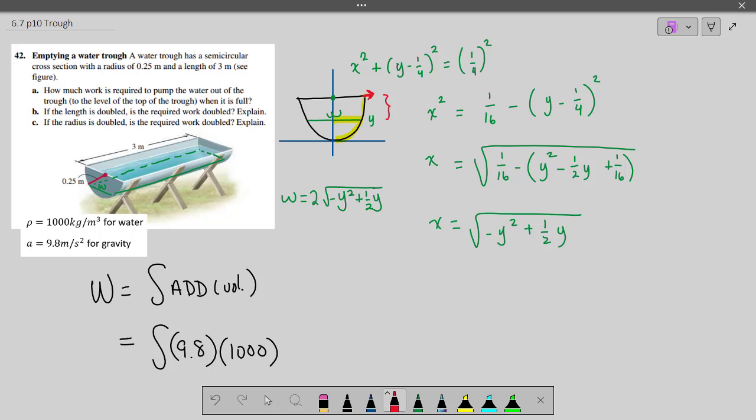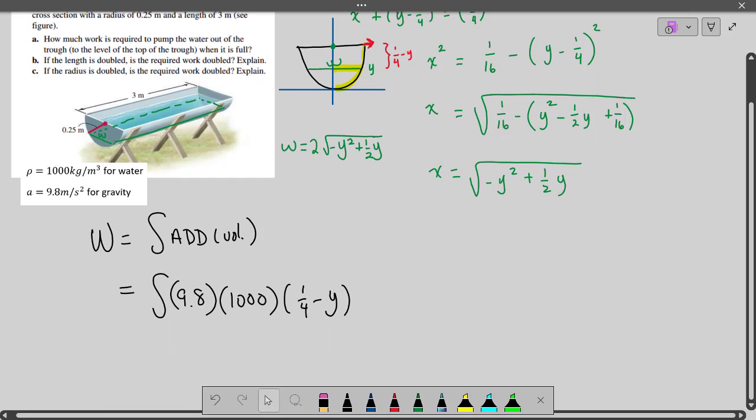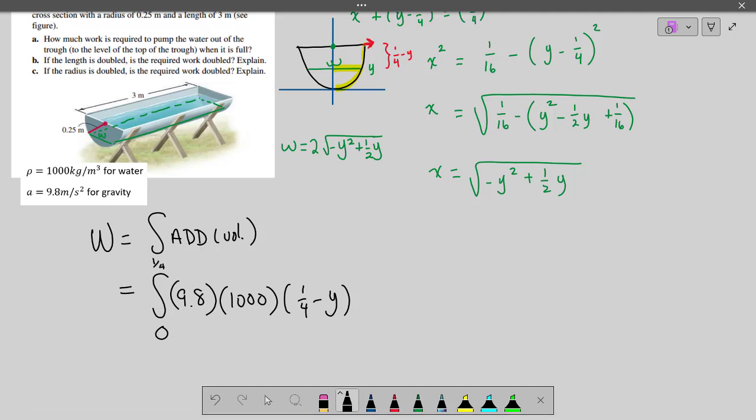So the distance it will travel is 1/4 minus y. And if a quarter is the full distance, and y is that partial height, then the complementary height is a quarter minus y. It's going to be the height that's left. So a quarter minus y is going to plop in right here. So now we have the ADD done. And the limits of integration are 0 to a quarter, because it's a circle of radius 1/4.